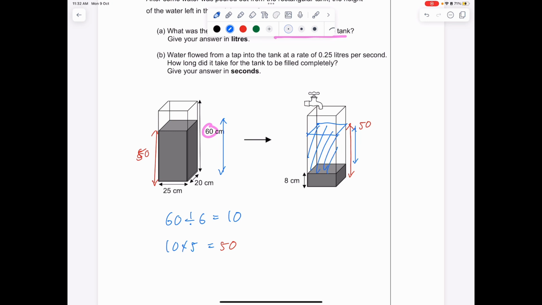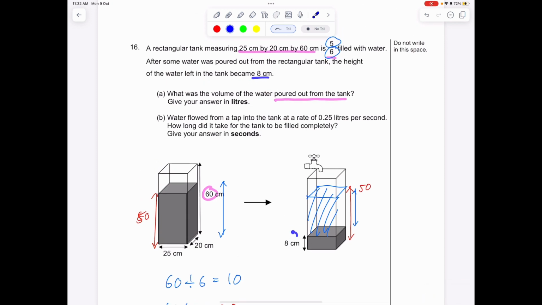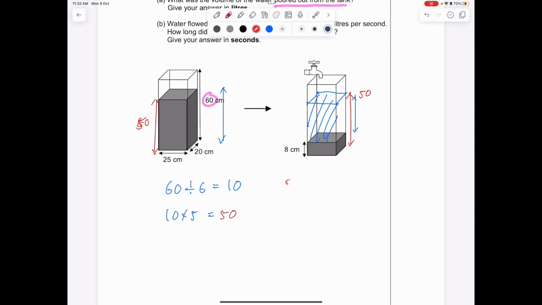Okay, so to do that, we will take 50 minus away 8, because they tell you after they poured out, the height became 8. So we have to take 50 minus away 8. So your answer is actually 42.